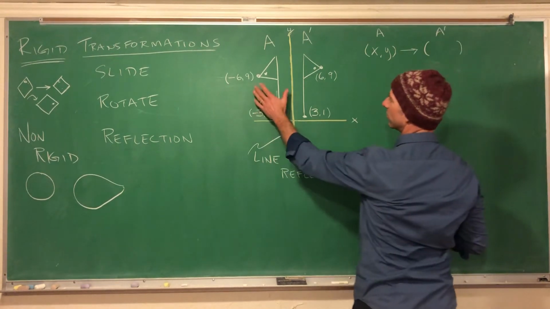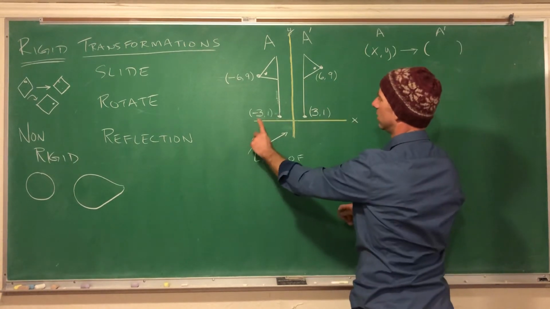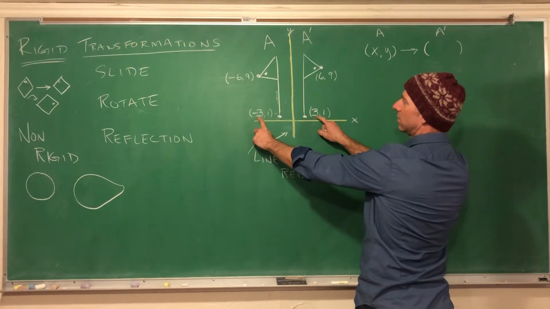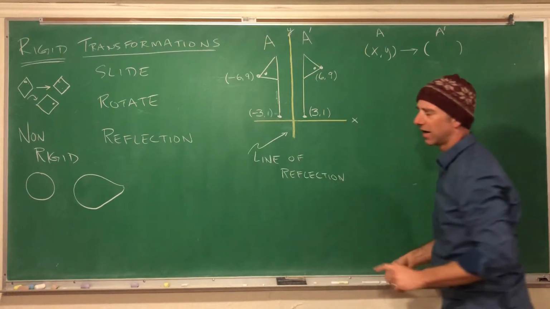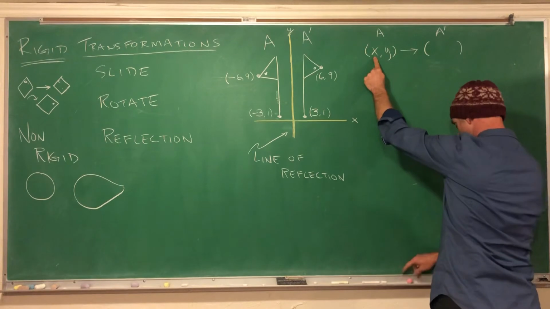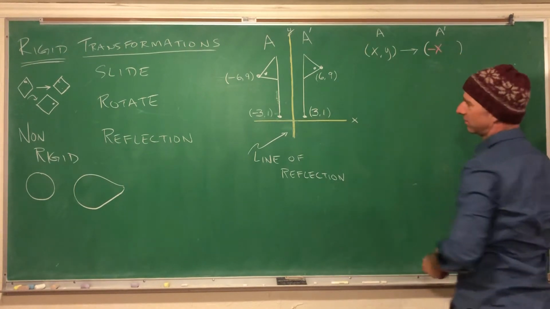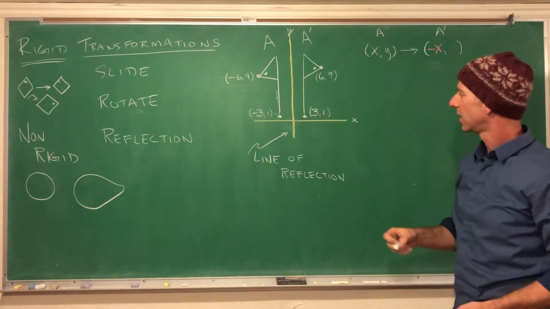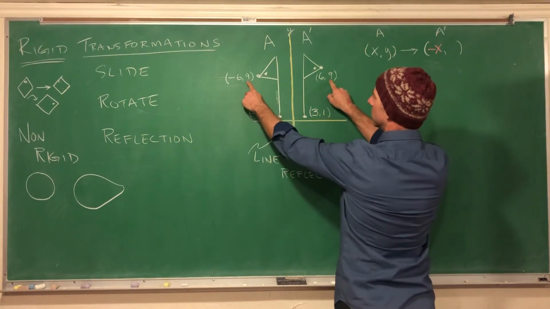Now in this case, we went from here to here. So let's take a look. -3 goes to +3. -6, +6. What did my x value do? I went from x to -x. And my y in this situation is the same.